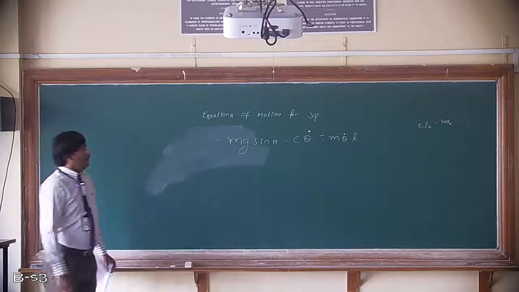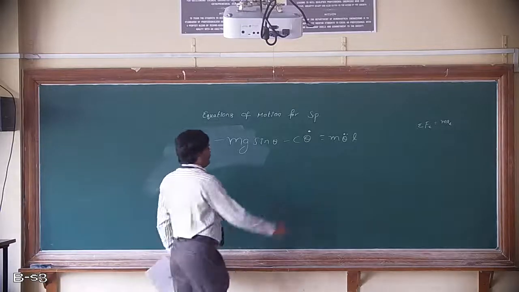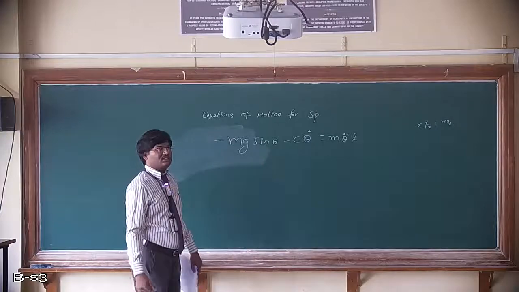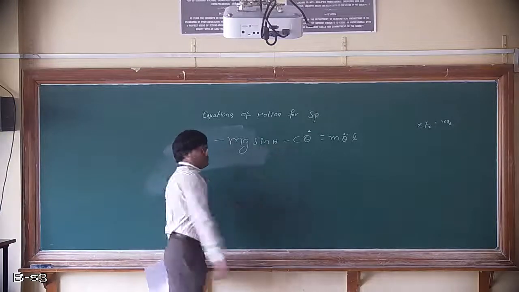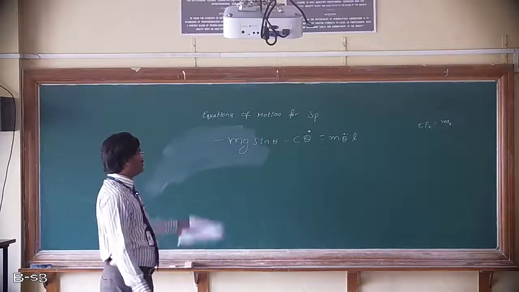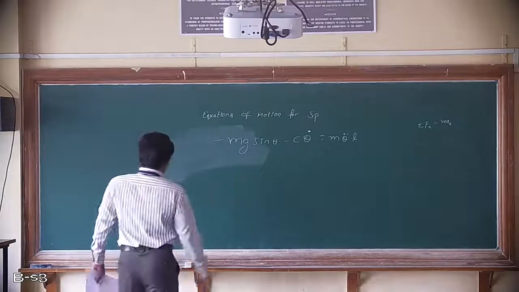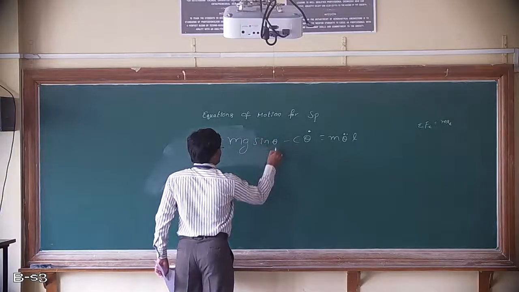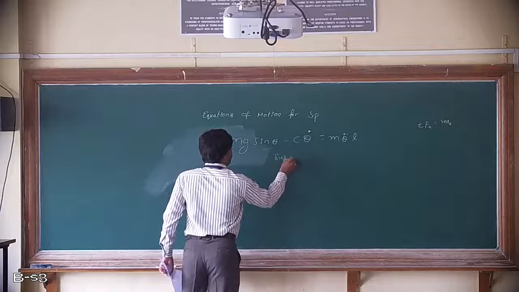Now what are we doing? This system is nonlinear, because we have the sin theta term, which is sinusoidal. So we bring it into a linear system. At small angles, sin theta can be written as theta.